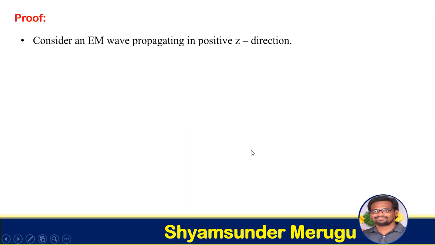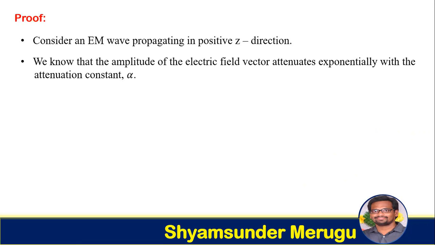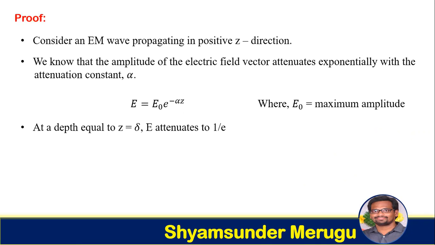Coming to the proof, consider an electromagnetic wave propagating in the positive z direction. We know that the amplitude of the electric field vector attenuates exponentially with the attenuation constant alpha, so that we can write E equal to E naught e power minus alpha z, where E naught is the maximum amplitude. At a depth z equal to delta, E attenuates to 1 over e.